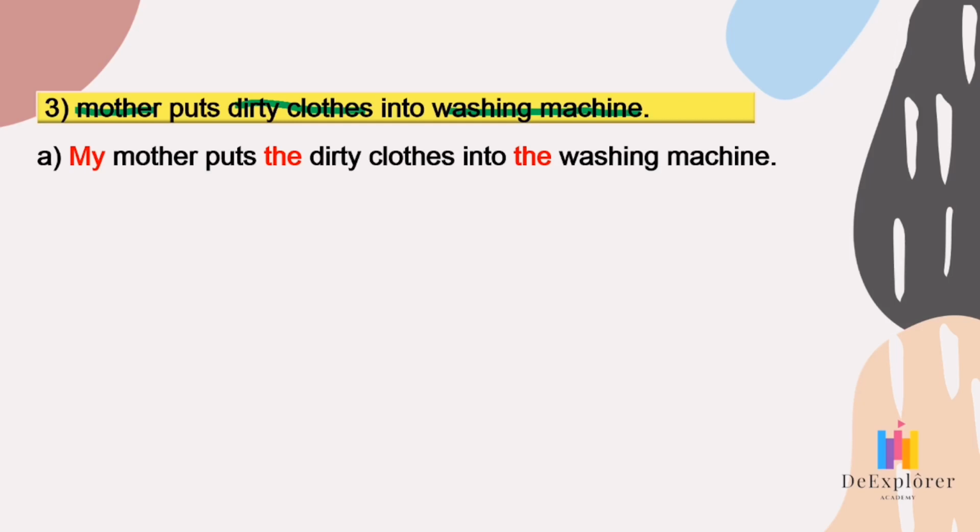Okay, so if you ask me, can I use my mother puts her dirty clothes into the washing machine? Yes, of course. You can also use her dirty clothes. 她的肮脏的衣服也可以对的。Alright, 但是一定要有写一个 article 或者一个 determiner.